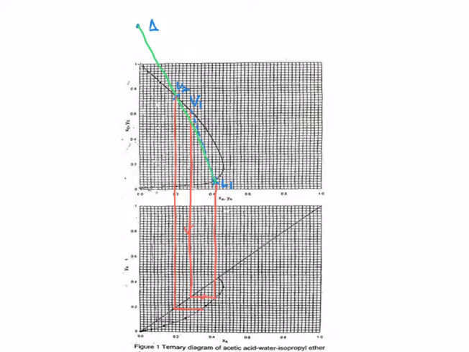Then draw the vertical line again until it reaches the equilibrium curve. That is the position of L2. From L2, you go to the reference point or operating line that you have.